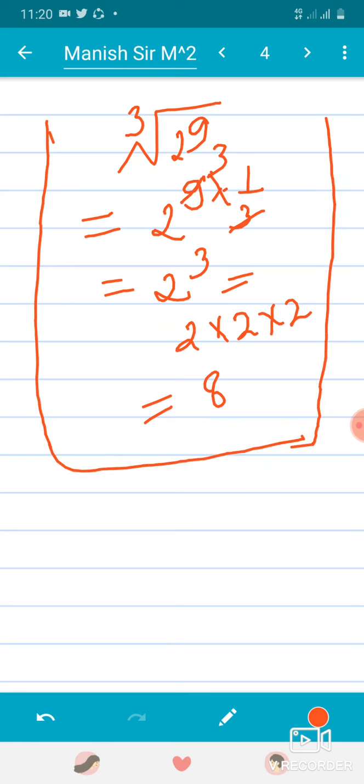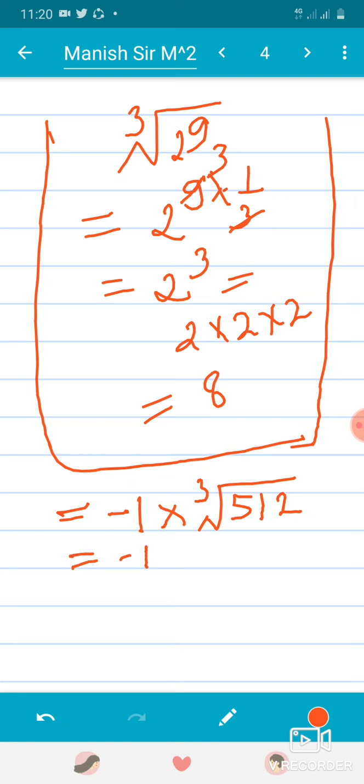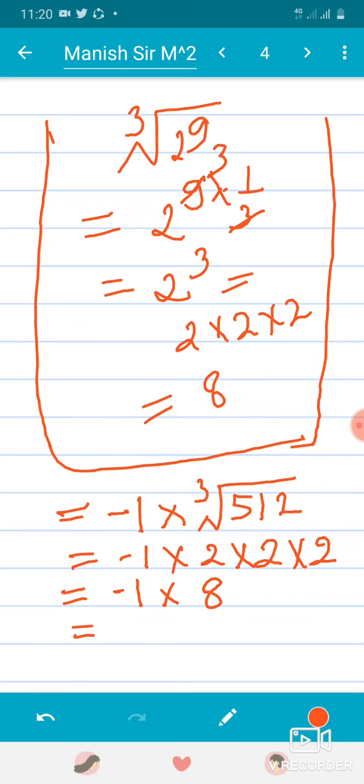Otherwise, we find only 3 groups for the cube root of 512. The first group gives 2, another group gives 2, and the last group gives 2. It means minus 1 into 2 2s are 4, 2 4s are 8, minus 1 into 8 becomes minus 8.